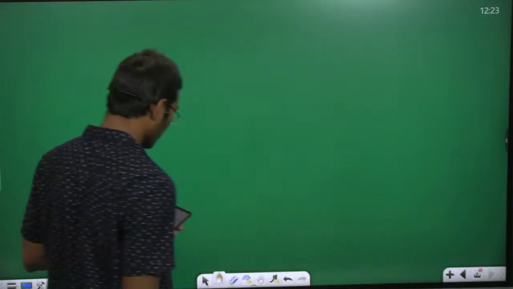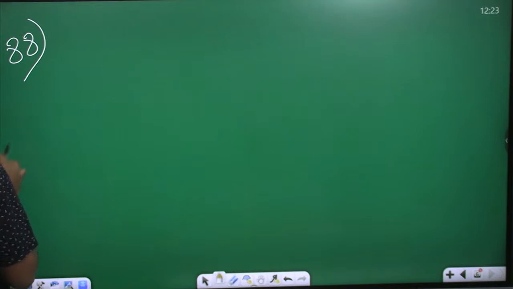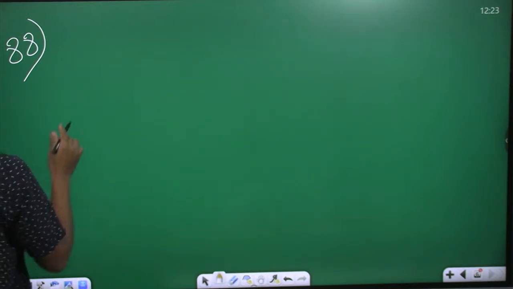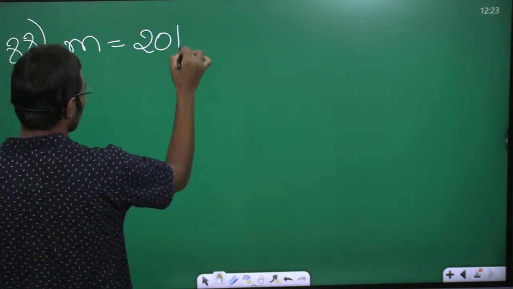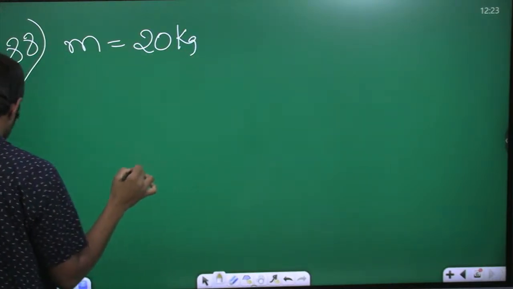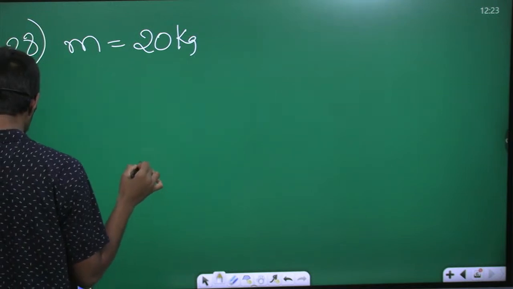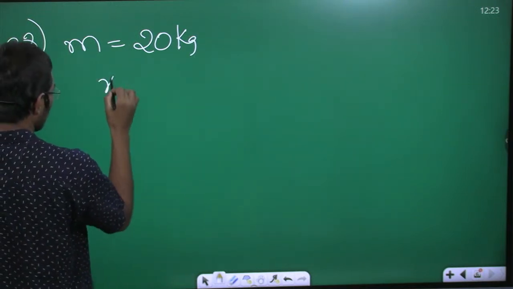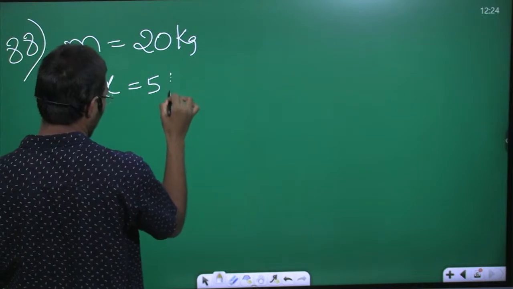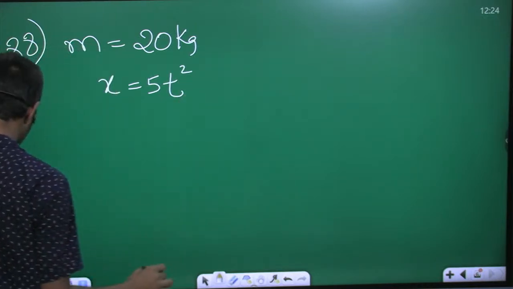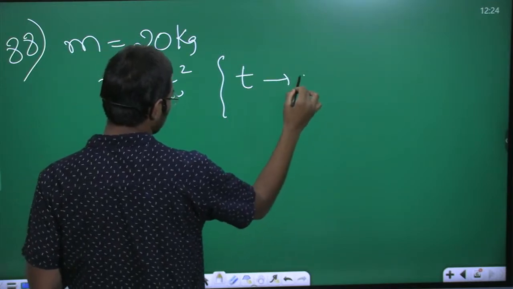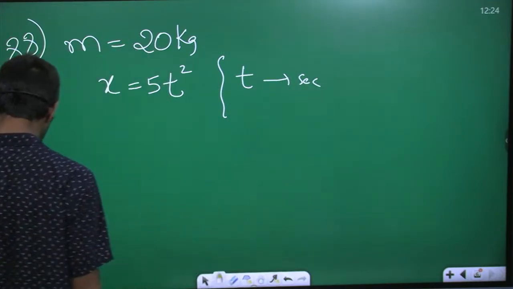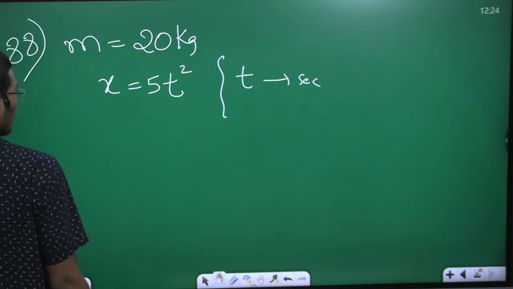Let's try to look at another question. A body of mass 20 kg is displaced by x equal to 5t square, where t is time in seconds, and force is being applied.